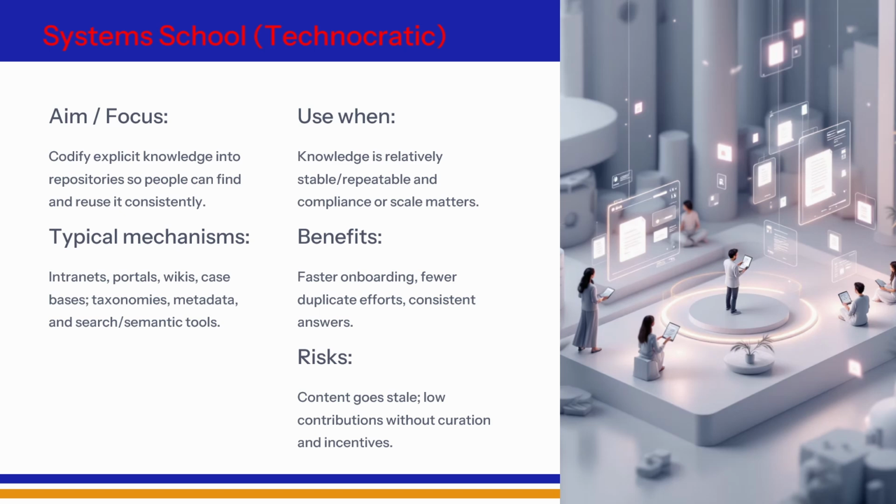Here, the aim or focus of the system school is to codify the explicit knowledge into repositories so people can find and reuse it consistently. The system school is about capturing explicit knowledge and codifying it into repositories like wikis, intranets or portals, so it can be reused across the organization.